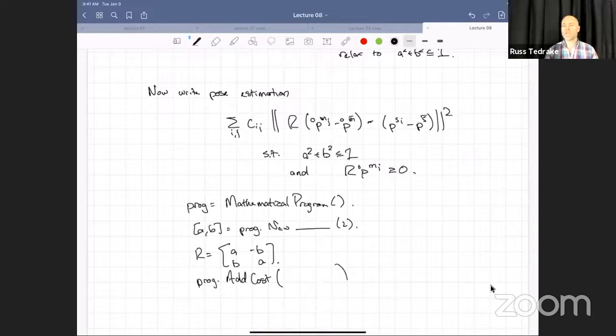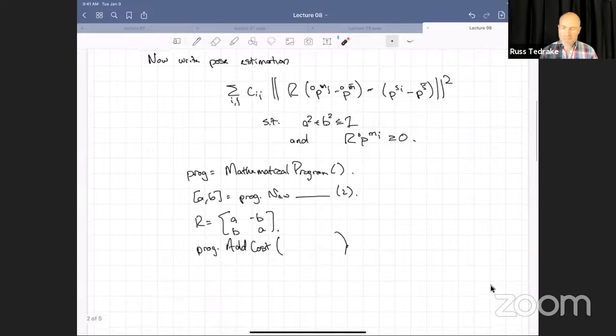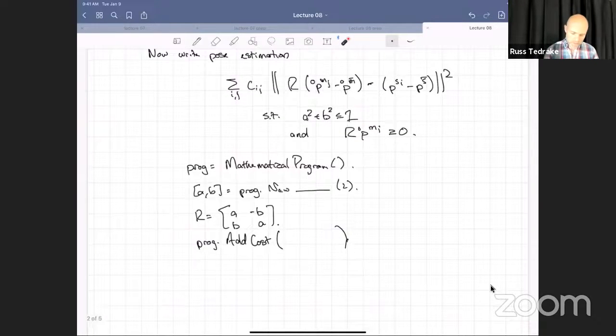This time with my data matrices, because I have this objective here, I just have to add that in with add cost. And for what looks like a fairly benign constraint, there's a tricky way to add that into the solver. It's with a Lorentz cone constraint.